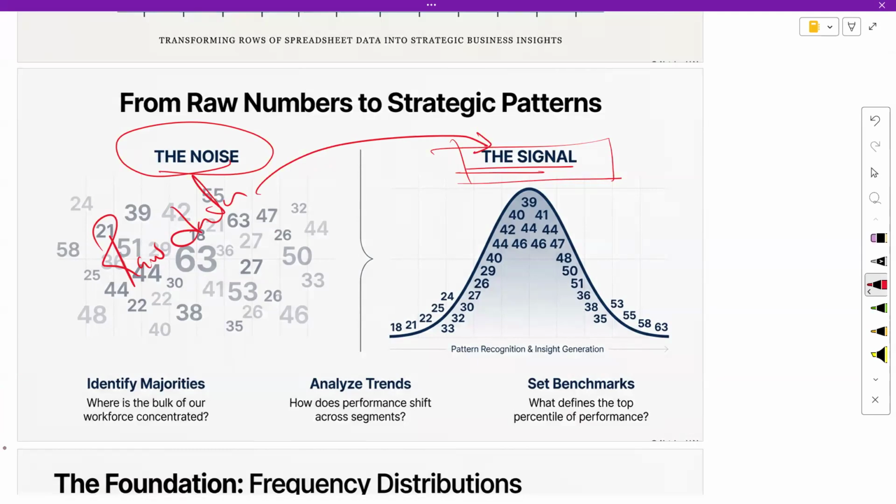Here, identify majorities, so which number occurs many times. In the histogram we can identify the mode very quickly, how the data is distributed, and how the data is spread throughout the x variable. Where is the bulk of our workforce concerned?